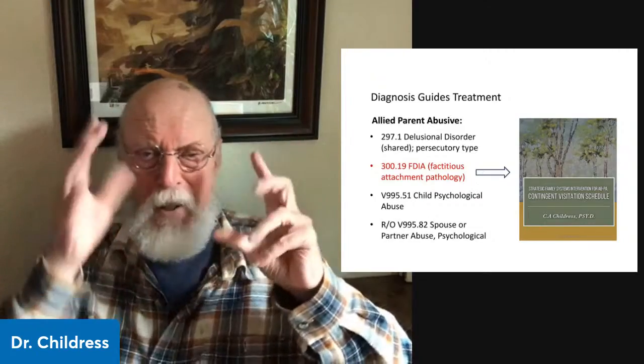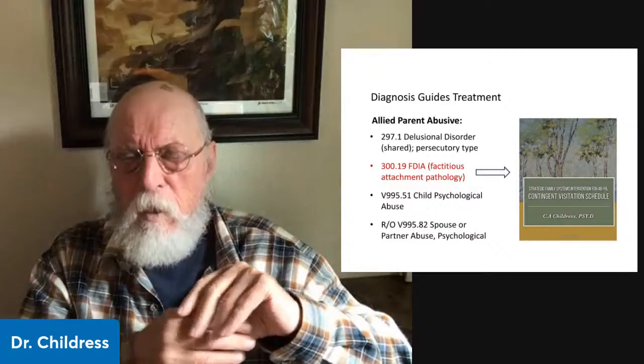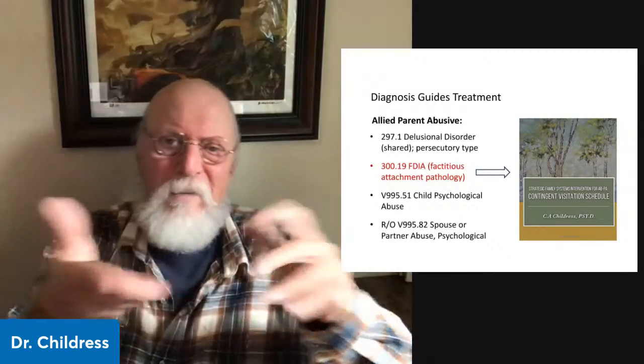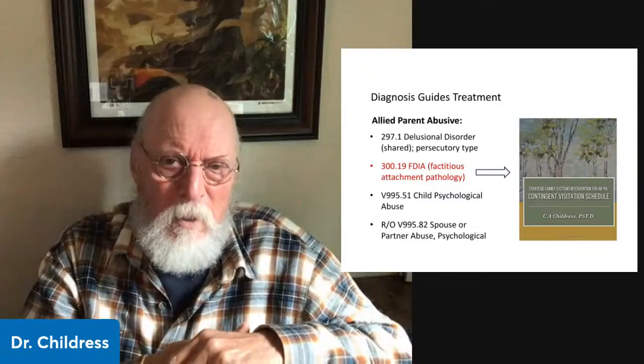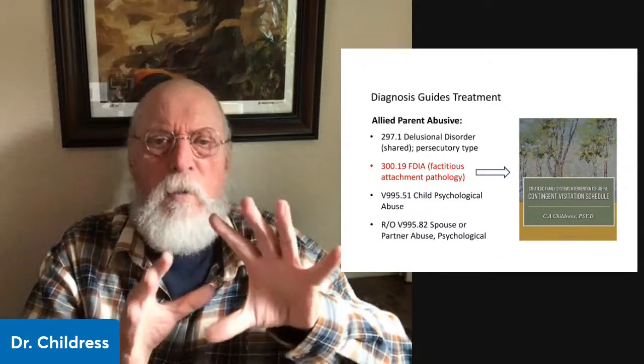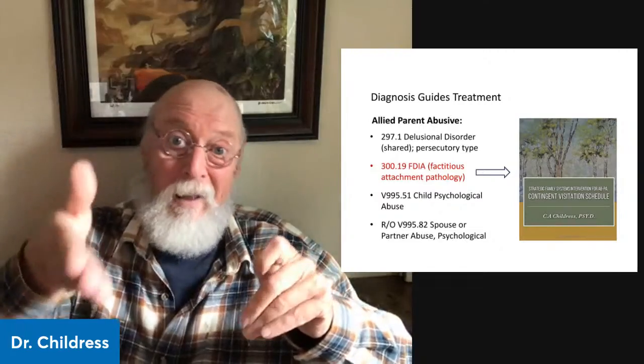The child's going to say, I'm being maltreated by the targeted parent. We're going to say, no, you're not, because not only did we assess it, we've got a family systems therapist talking to you and the ratings every week. No, you're not being abused. That's not abuse.